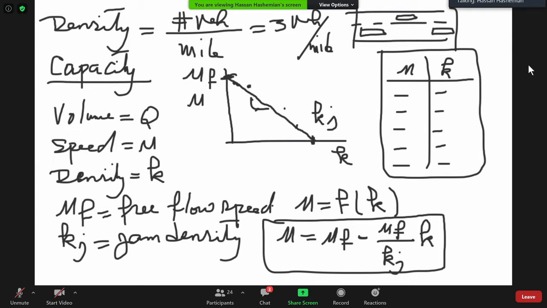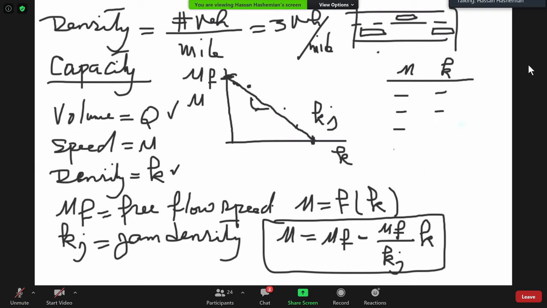Now, another equation that we can write about is the relationship between the volume and the density.